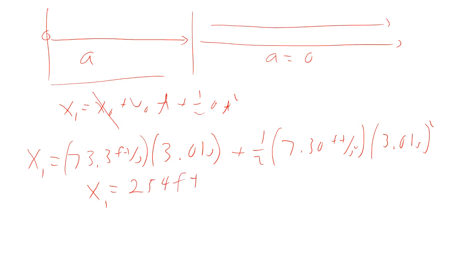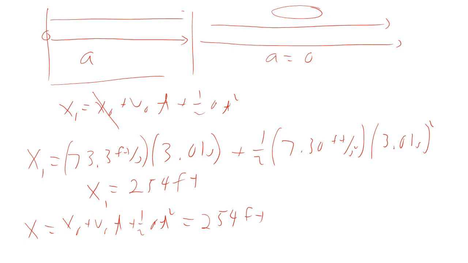Now for this distance right here, the final distance is going to be equal to x naught plus v naught t plus 1/2 a t squared. Now that we're over here, x naught is 254 feet, because that's how far we were from the starting point, plus constant velocity.